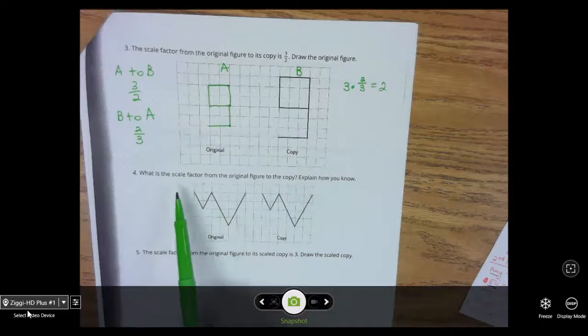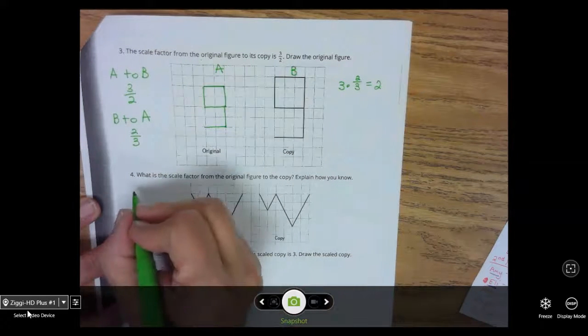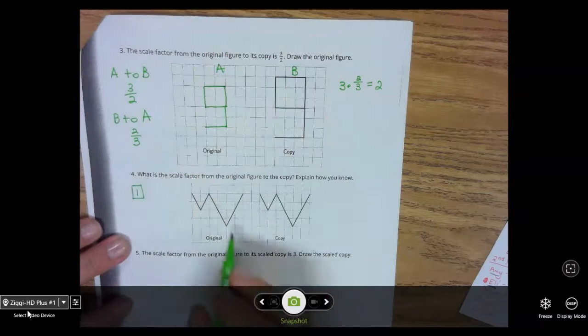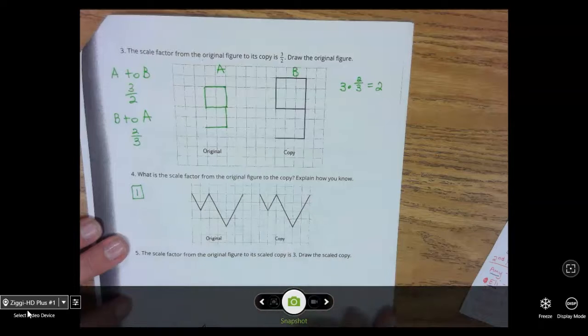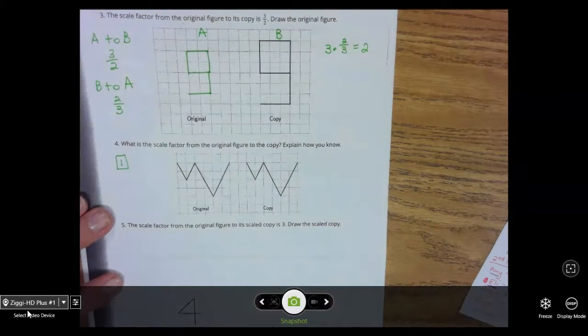Okay, what's the scale factor from the original to the copy in this example? Anybody know? Hopefully you did. It is 1. Because anytime you have this exact same shape, the scale factor would be 1. The scaled copy looks the same as the original. Your scale factor is 1.